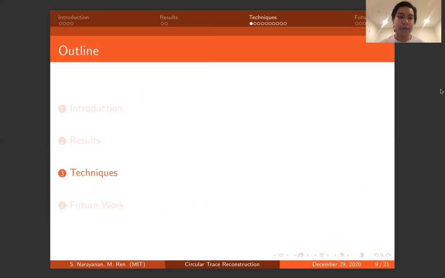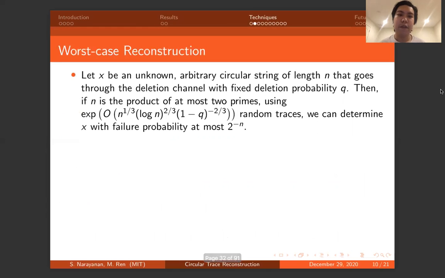Now I'll go through our proofs. For worst case reconstruction, we have, again, an arbitrary unknown circular string X of length n. It goes through a deletion channel of probability Q. As long as n is the product of at most 2 primes, we can, with high probability, determine what the original unknown string was using e to the O of n to the 1/3 traces, up to log factors in the exponent.